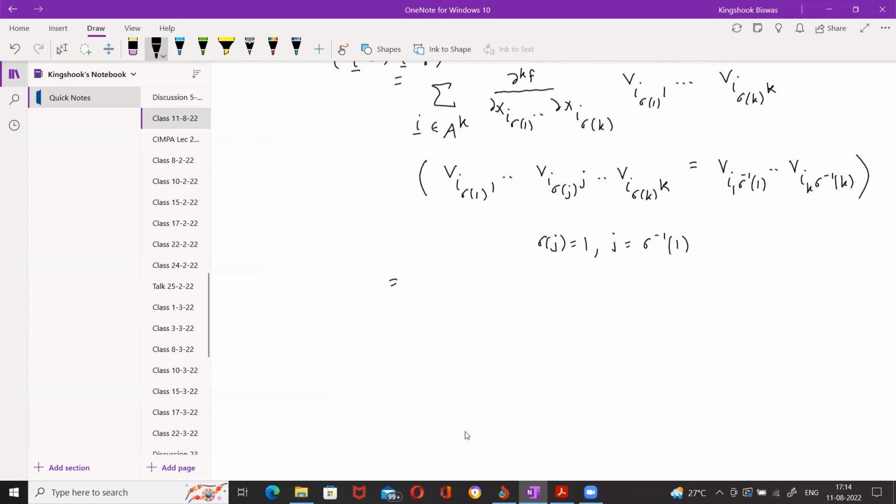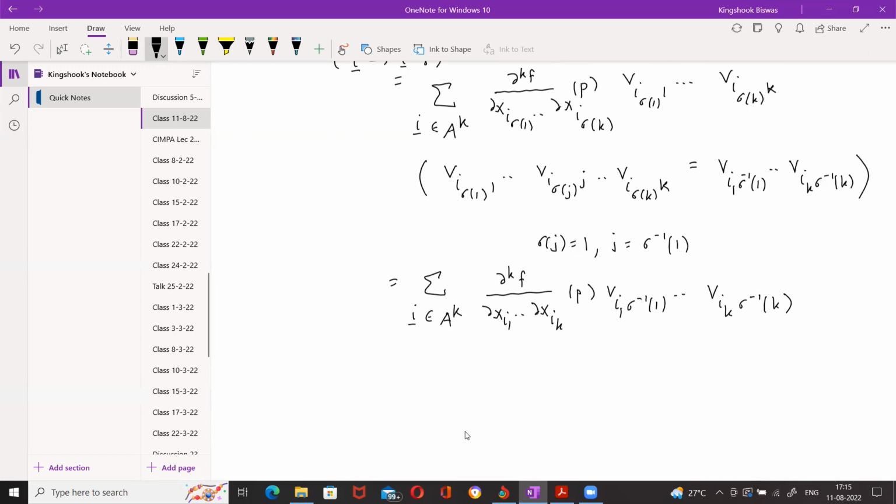And so therefore this sum becomes a sum over I bar in A^k. And now I use the equality of mixed partial derivatives. So this mixed partial derivative is invariant under permutation. So this is the same as del^k f over del x_{i1} to del x_{ik} at P, into v_{i1, sigma inverse 1} up to v_{ik, sigma inverse k}.